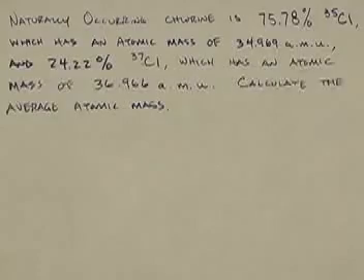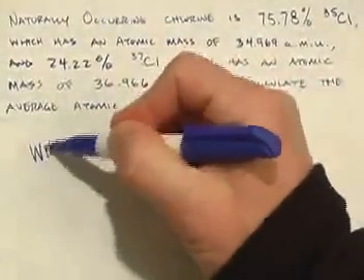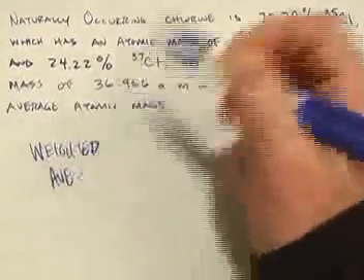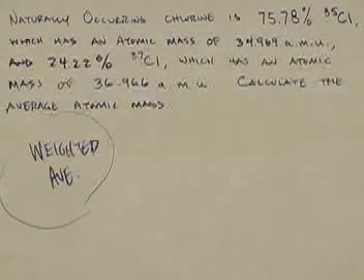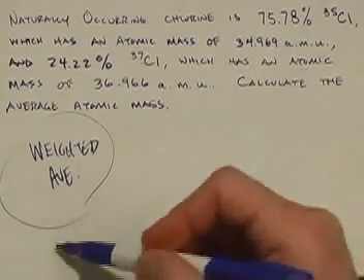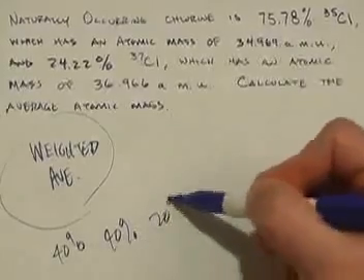Now, to find the average atomic mass, what we want to do is take what's called the weighted average. I'll write that down. The weighted average. Now, if you've ever taken a class in high school or in middle school where they say your grade is determined by 40% tests, 40% homework, and 20% citizenship, all of a sudden your entire grade comes from a weighted average, where it's 40% one thing, 40% another thing, and 20% another thing.